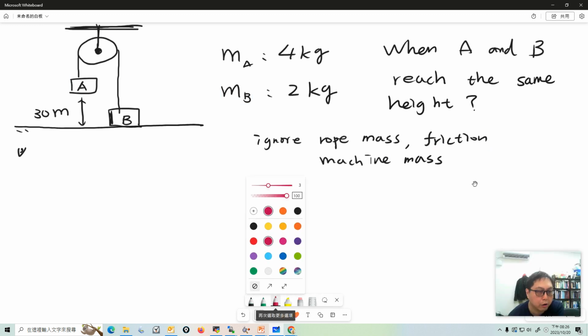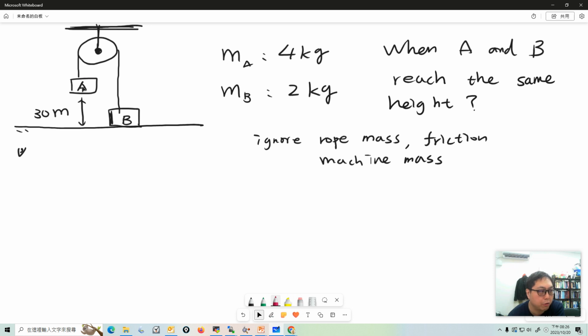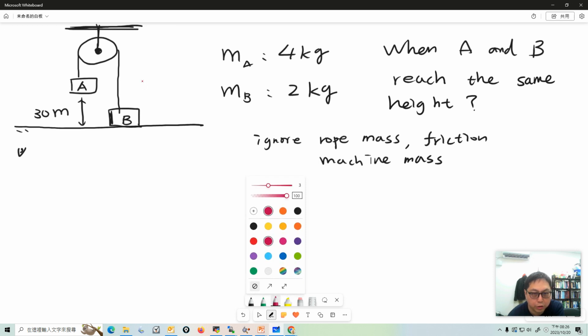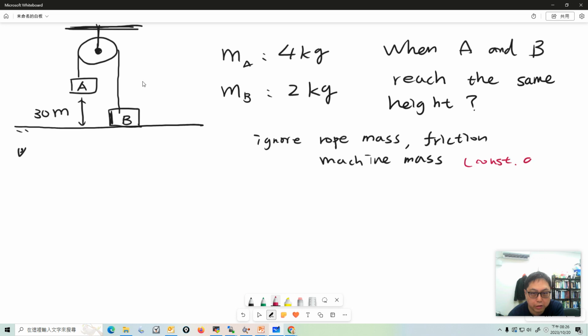Also, we assume constant acceleration motion. Like I said, after the initial setup A will go down and B will go up, and we assume it's constant acceleration motion. If A and B do not have the same acceleration, I think they would separate or something, which means they are subject to different forces, and that would cause some problem.